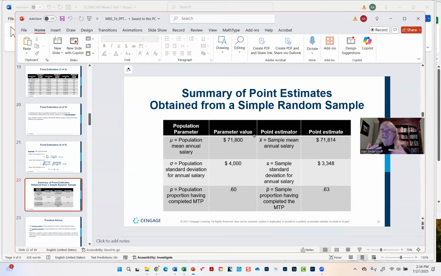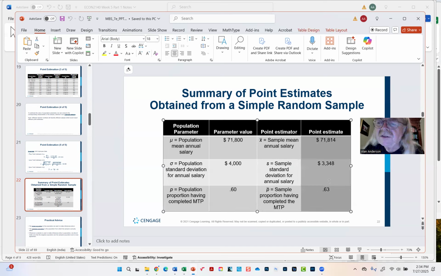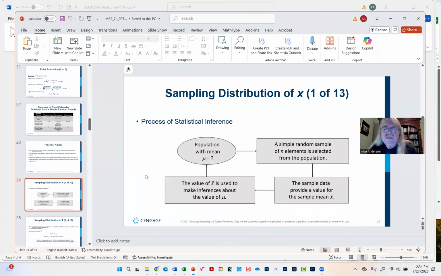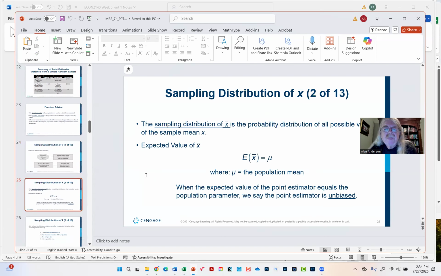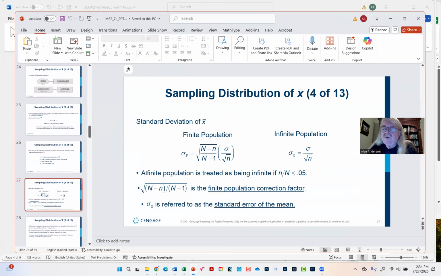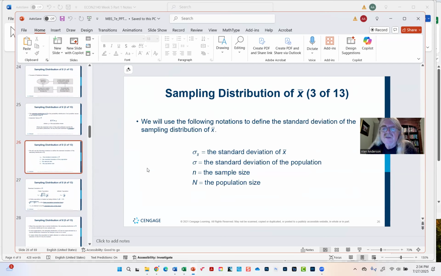Now, if we do this again with a different sample, we'll get different numbers over here. And if we do this enough times, we'll be creating ourselves a sampling distribution. So now what about the moments? I did tell you before that this is a probability distribution that we're creating, so it'll have its own set of moments.